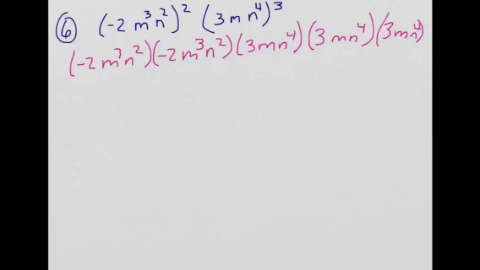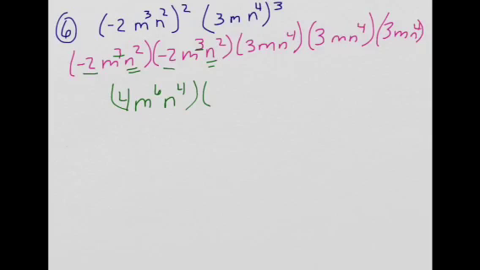Okay, so -2 times -2 is +4. M cubed times m cubed is m to the 6th. And n squared times n squared is n to the 4th.